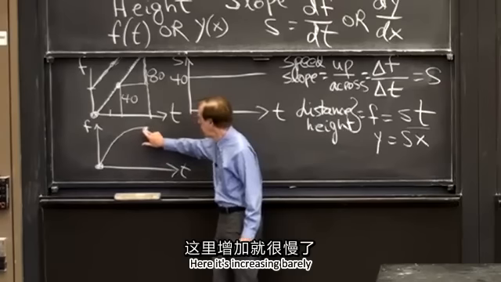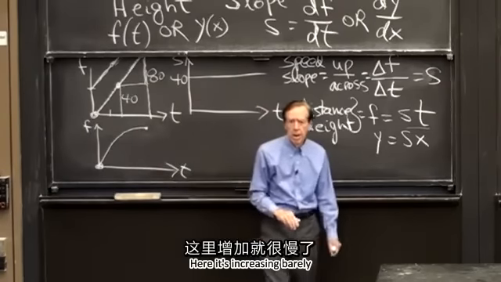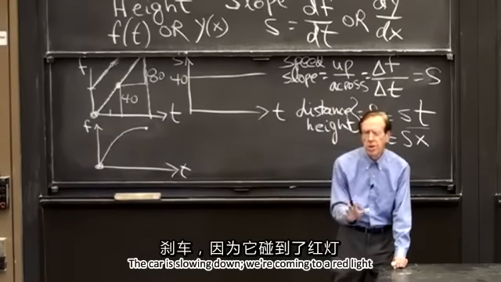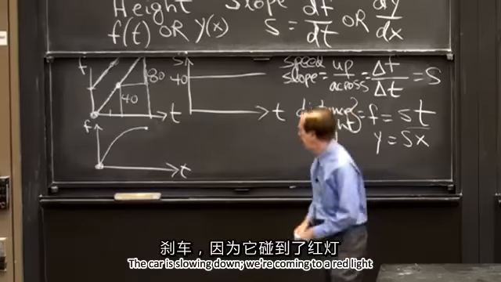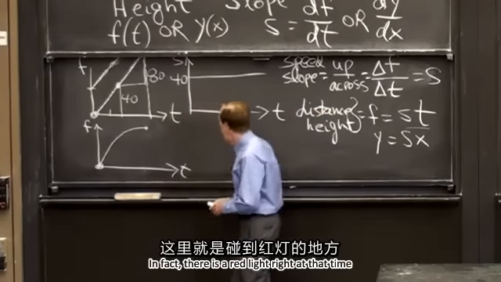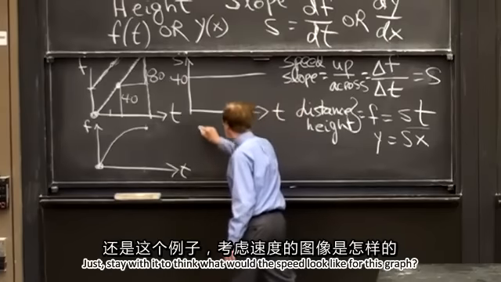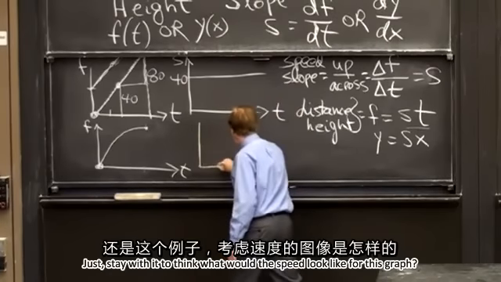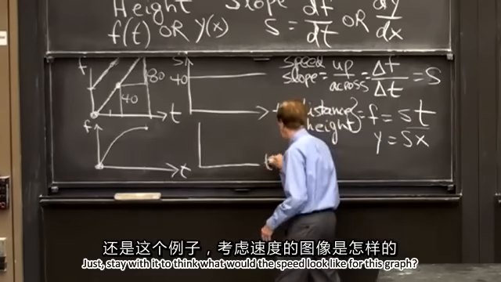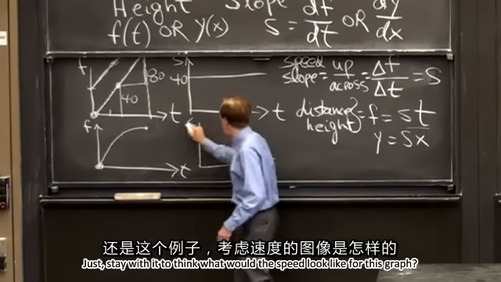Here it's increasing barely. In other words, we're putting on the brakes. The car is slowing down. We're coming to a red light. And in fact, there's the red light right at that time. Now, just stay with it to think, what would the speed look like for this problem?